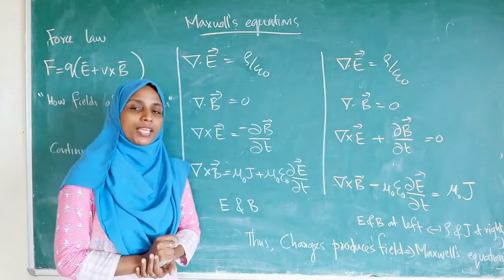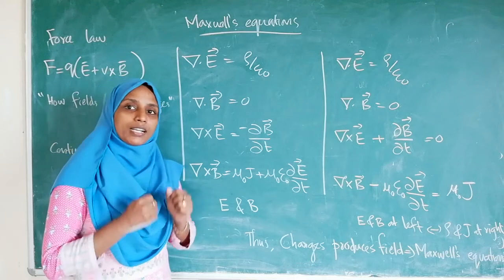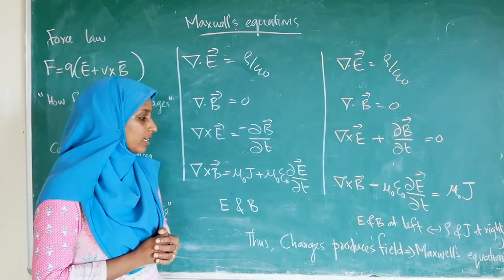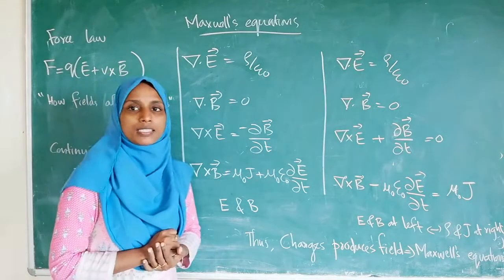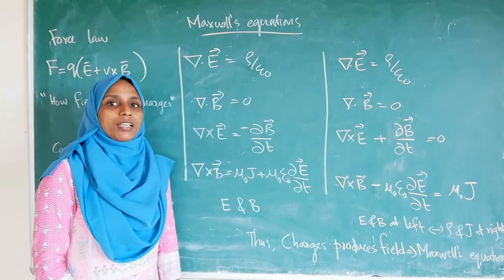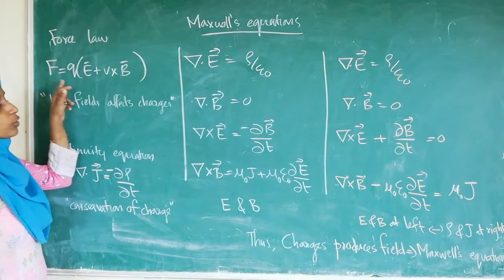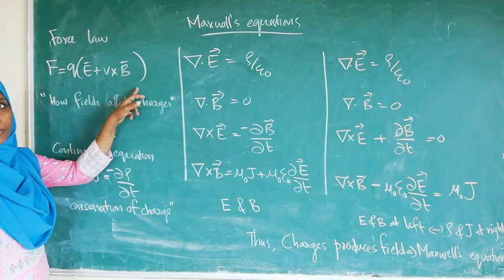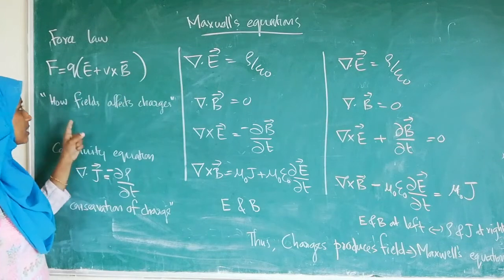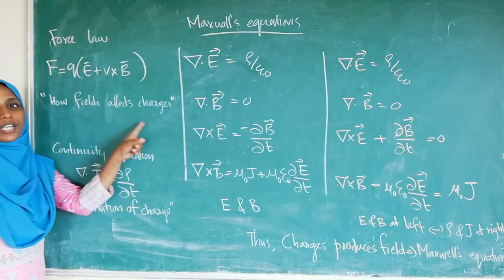In simple terms, Maxwell explained in his 4 equations a complete explanation that charges produce electric and magnetic fields. Related to this theory, Maxwell explained the force law also: F is equal to Q into E plus V cross B. In this theory, he explained how fields affect charges.